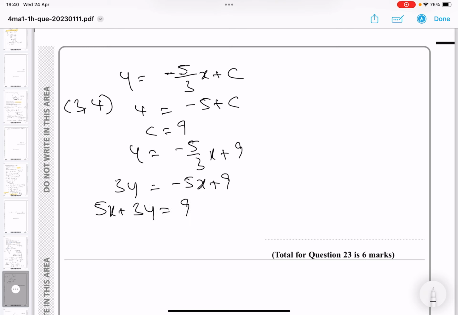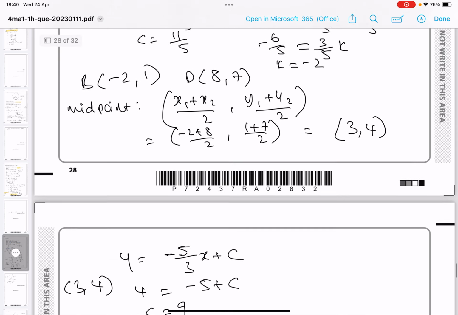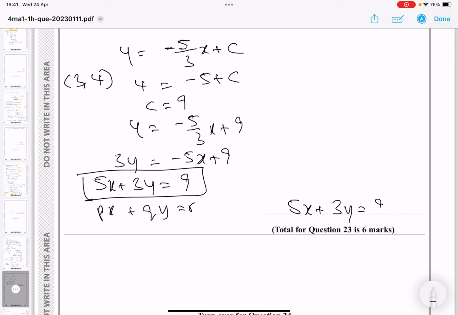So now we have it in the format that they wanted. What was it? px plus qy equals r. And now we've got p is 5, q is 3, r is 9. So it's in the exact same format. So that's the answer: 5x plus 3y equals 9. Cool.